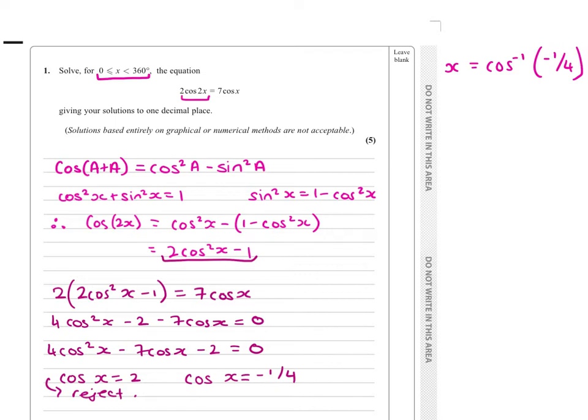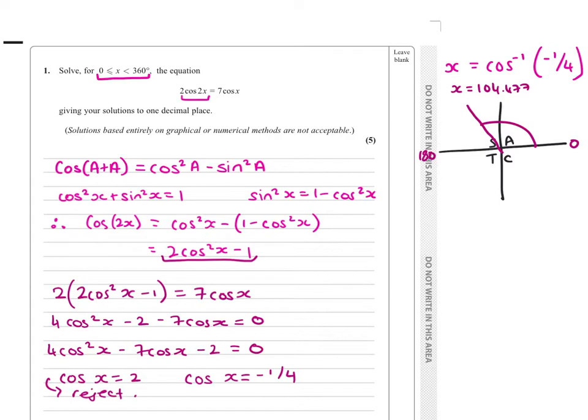So I'm going to use my lovely CAST diagram. I know this is 0, 180, and I've got x equals 104.4775, so it's around roughly here. This is my angle.